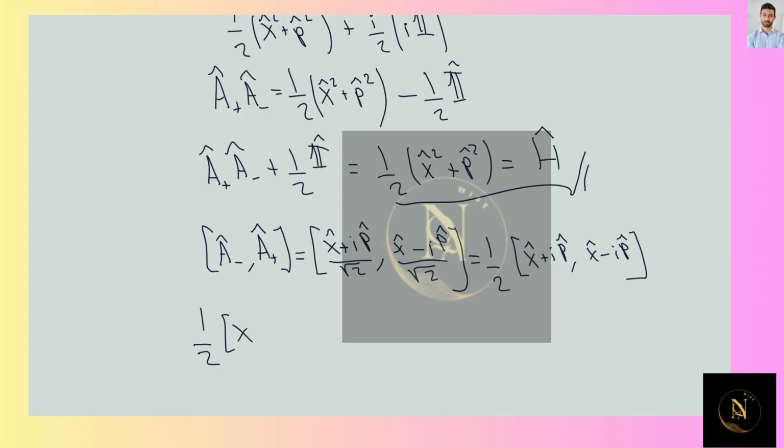So this is the commutator of x plus ip with x, minus 1/2 commutator of x plus ip with ip, because I already took the minus outside of the commutator.